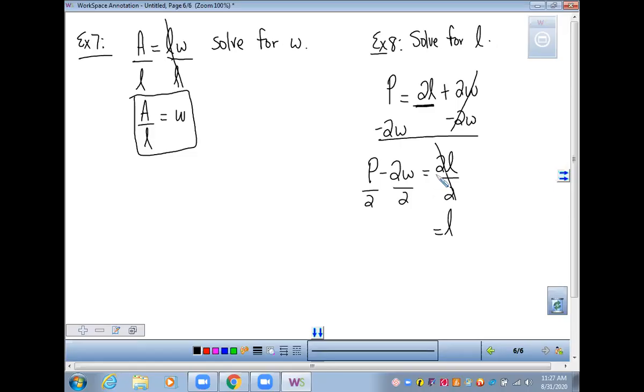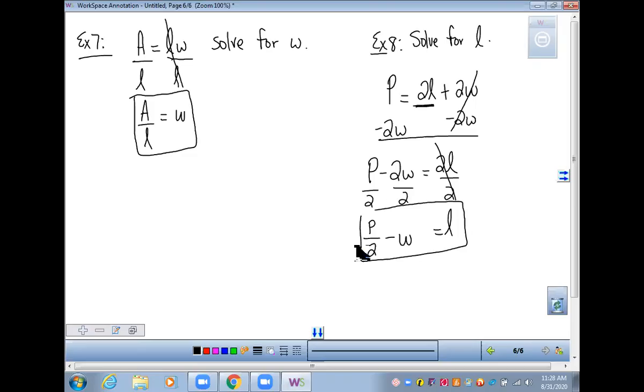The 2 in front of the L. Now, I think for the P, I don't think we can divide those, so I'm just going to leave it as P over 2. Then we're going to have minus, what's 2 divided by 2? 1. Do I need to write the 1? Just write W, yep. So we have P over 2 minus W equals L, which is my length.